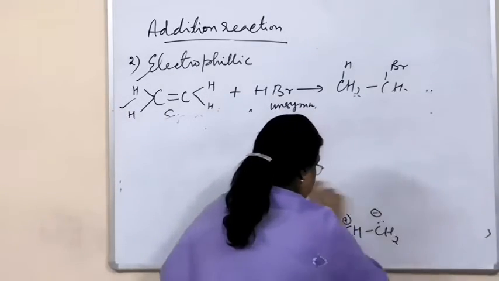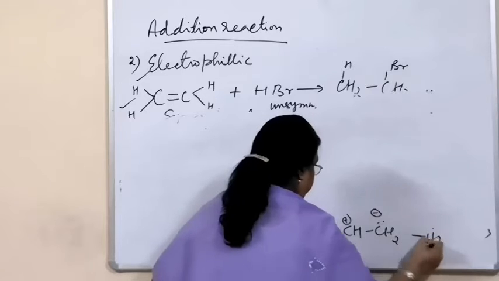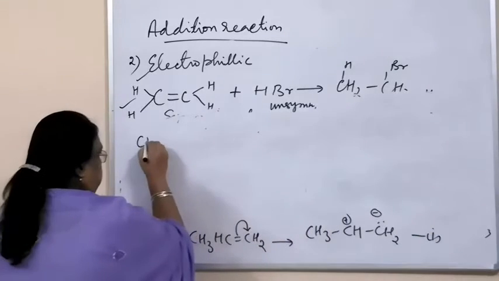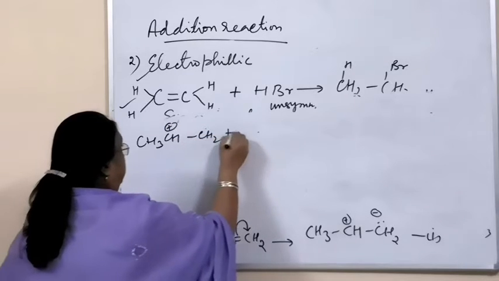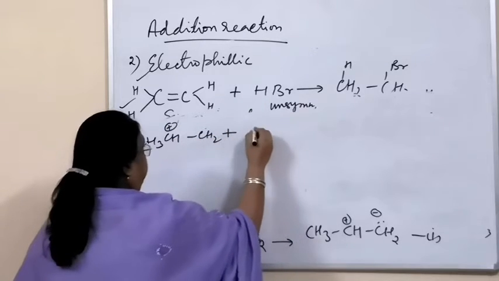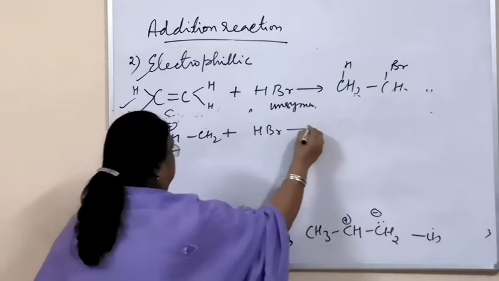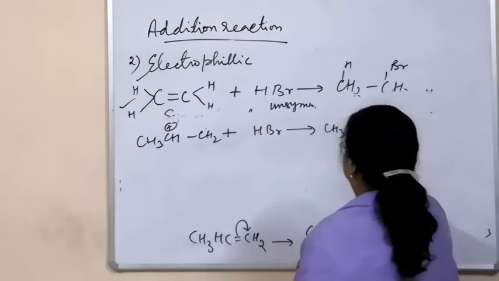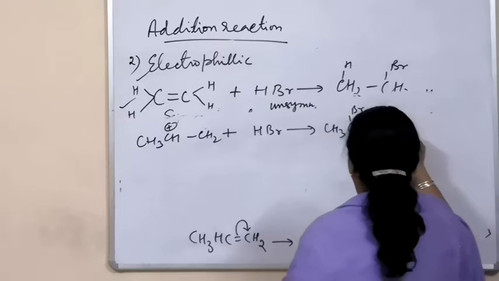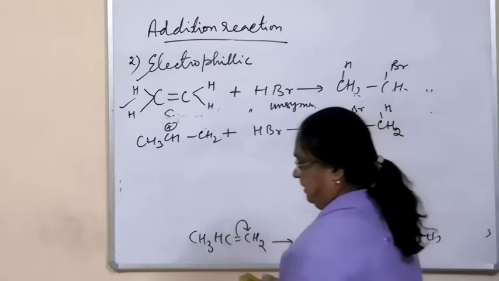This is your first step, and in the next step the CH plus CH2 will be attacked by HBr, and Br will be coming to CH3 CHBr here. We'll have CH2 and H will be coming here.